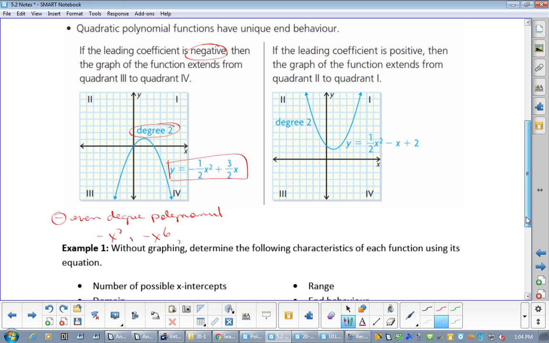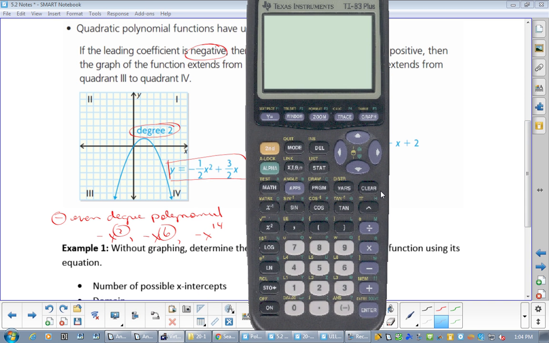Any even degree. So negative x to the 14. And again, I want to just show you that if I did a negative x to the 4, it starts in 3, ends in 4.